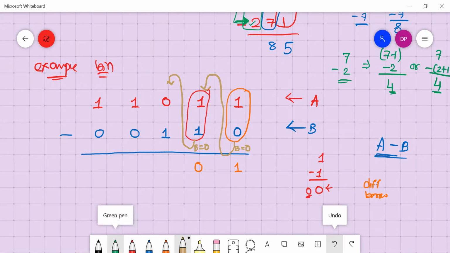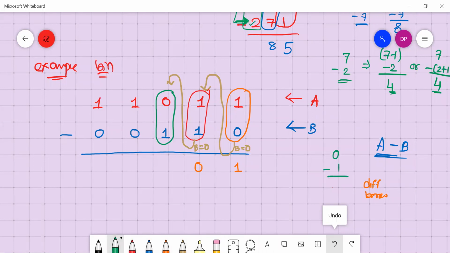Now coming to the third part. This is 0 minus 1. Is it possible? Let's do 0 minus 1. What will be the answer? I'm using half subtractors here to take the difference of 2 bits.